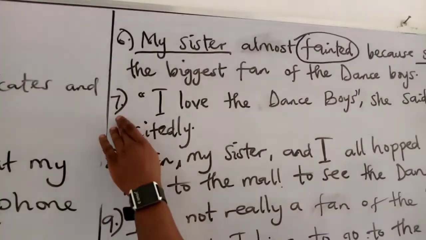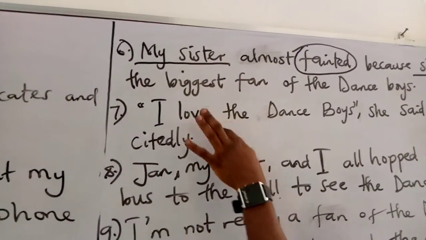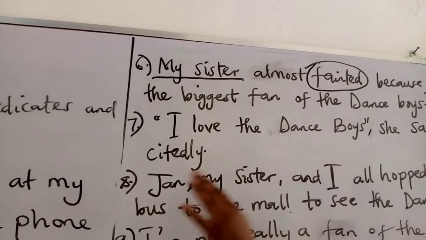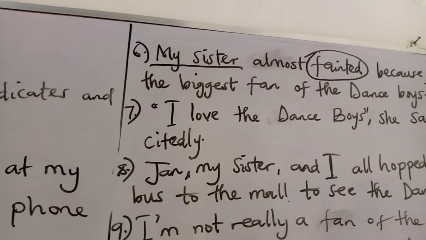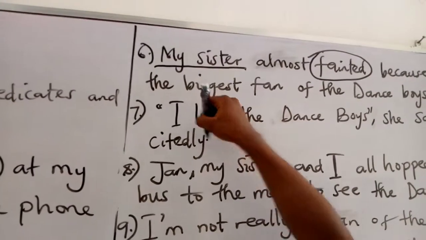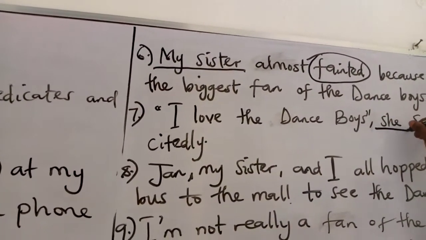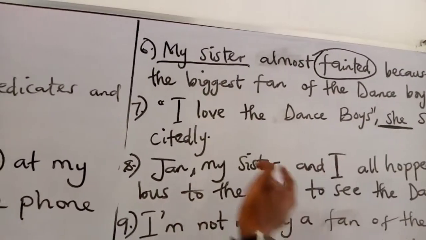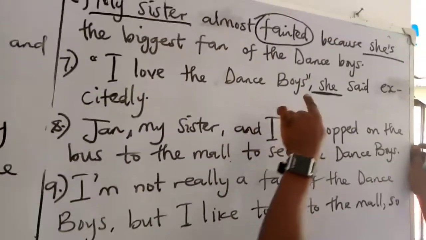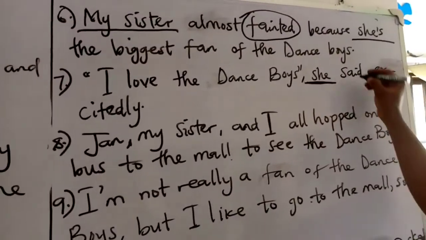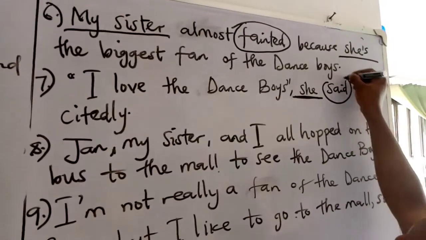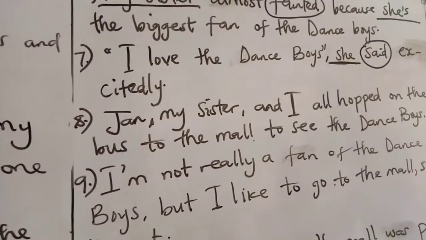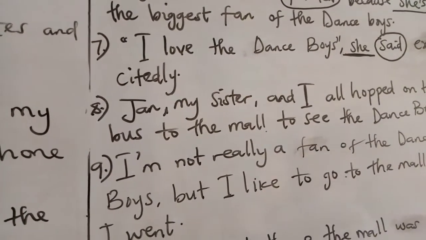Let's go to number 7. I love the Dance Boys, she said excitedly. Who says so? She said. So this is your subject. Said, remember? Predicate. So this is your subject and this is your predicate.